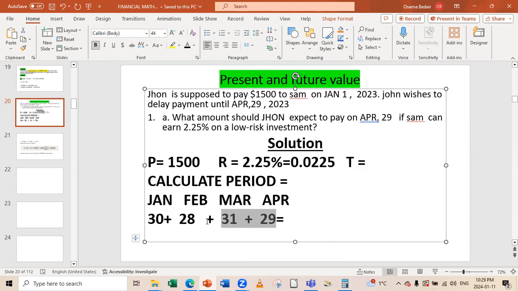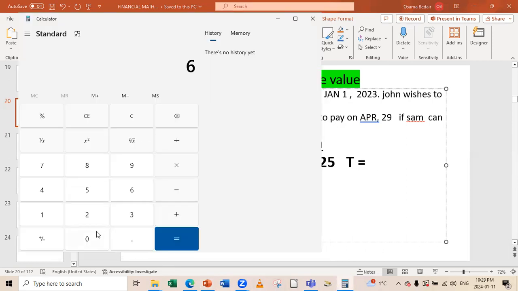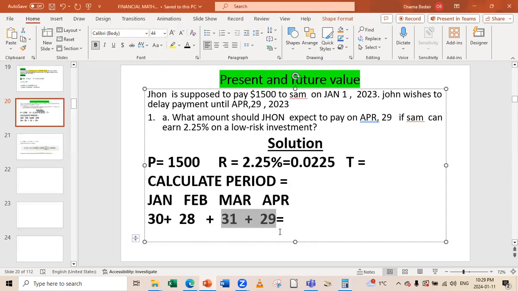Then 60 plus 58 will equal 118 days. Control C, that will be 118 days. Control V, days. But I cannot say it like this. I have to convert it into a period of a year.